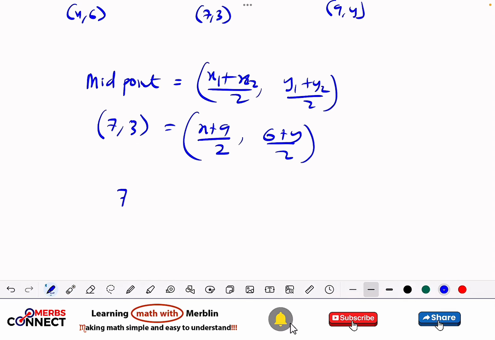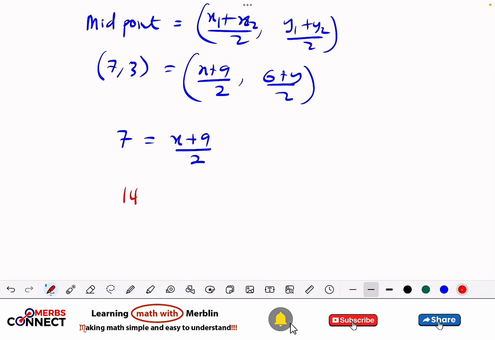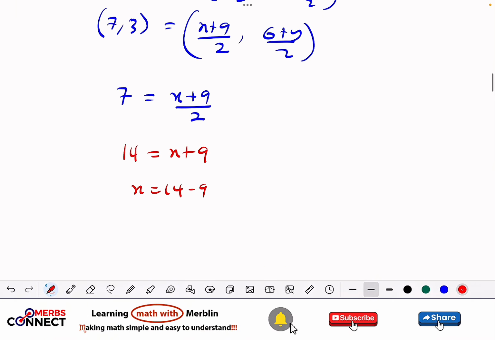So I'm going to have 7 is equal to (x plus 9) divided by 2, so I can find x. 14 is equal to x plus 9, and then x is equal to 14 minus 9, which gives us 5. So x is 5. Now the other one: 3 is equal to (6 plus y) divided by 2.